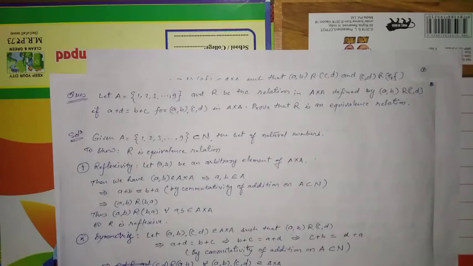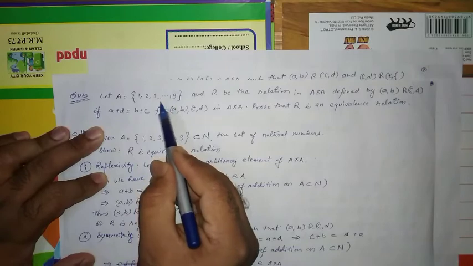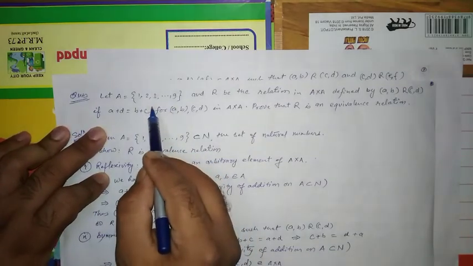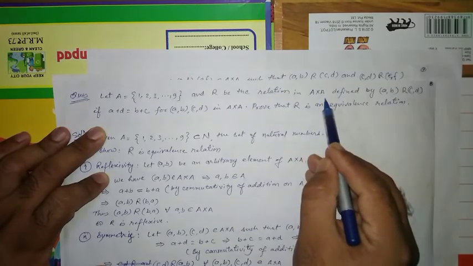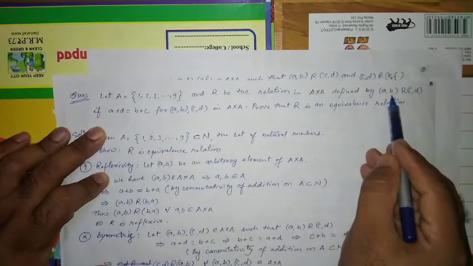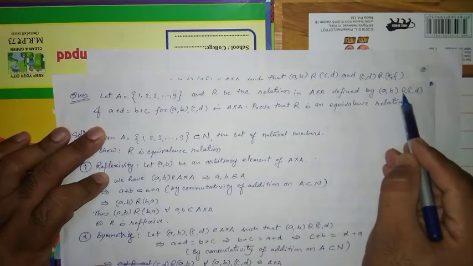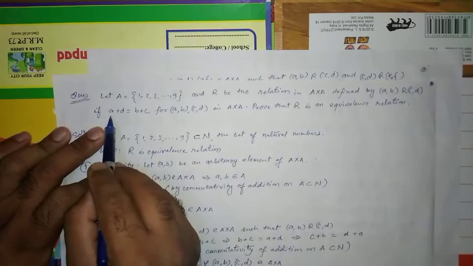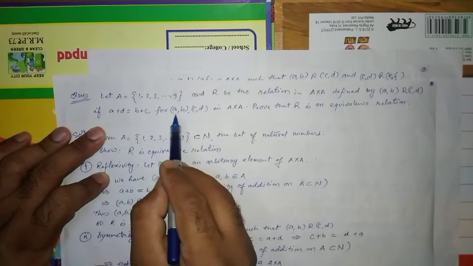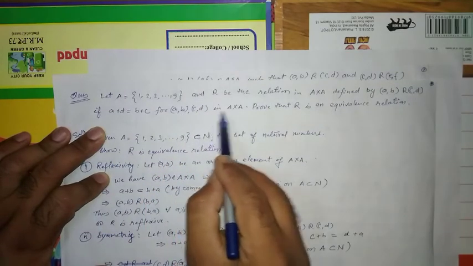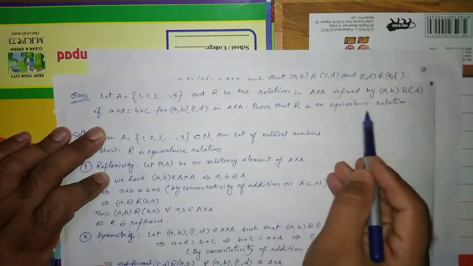Question: let A = {1, 2, 3, ..., 9} be given as a set A, and let R be the relation in A × A defined by (a, b) related to (c, d) by relation R if a + d = b + c, for (a, b), (c, d) in A × A. Prove that R is an equivalence relation.